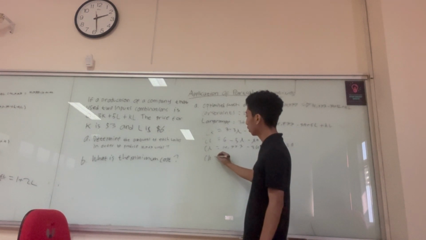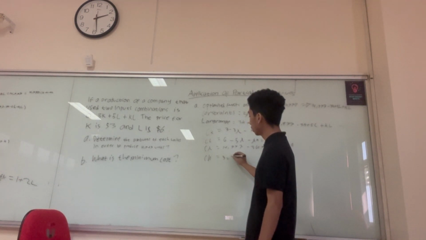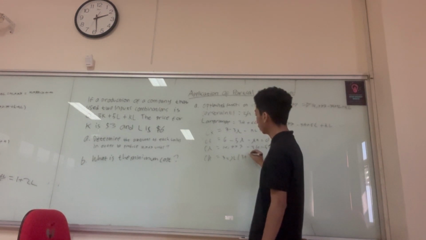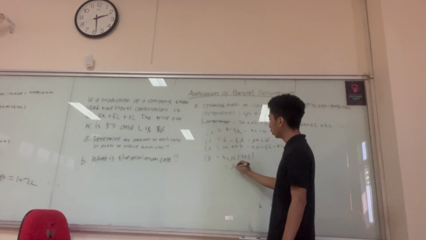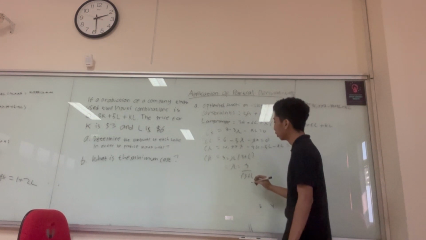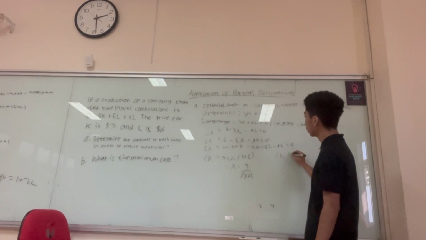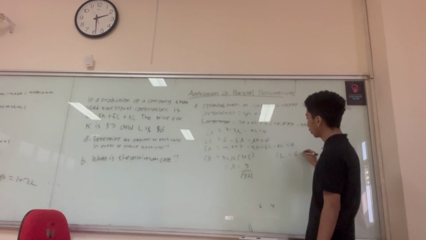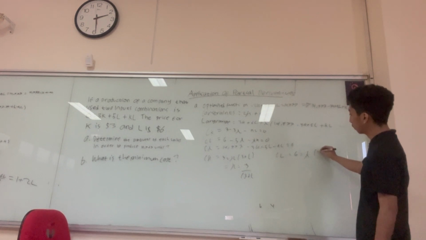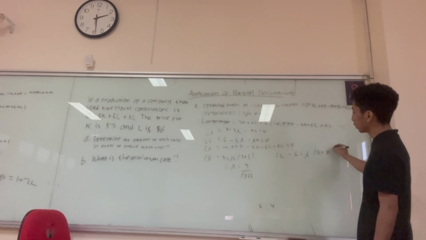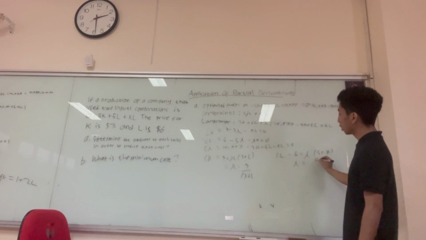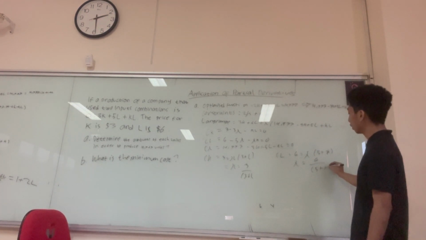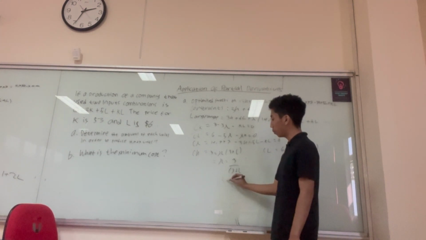So CK equals 3, or we can also write it as lambda equals 3 per 3 plus L. CL is 6 equals lambda times 5 plus K, or we can also write it down as lambda equals 6 per 5 plus K. Well, it's basically lambda equals lambda.